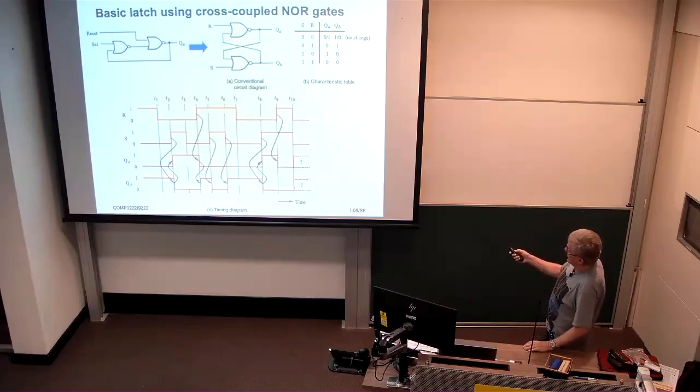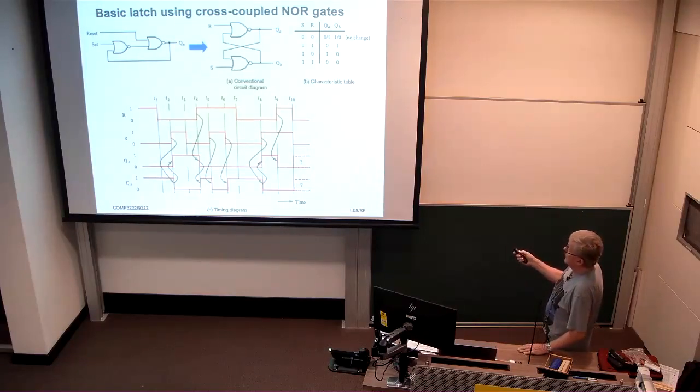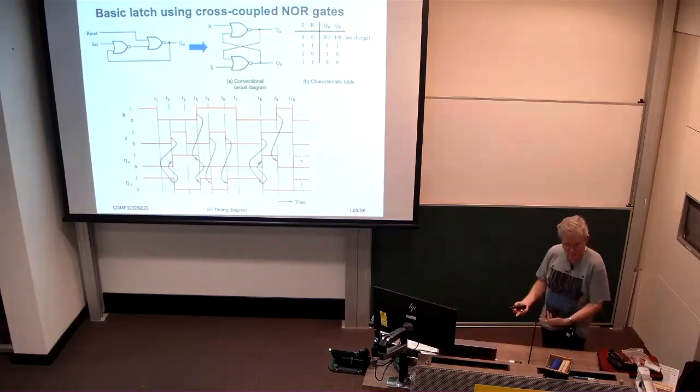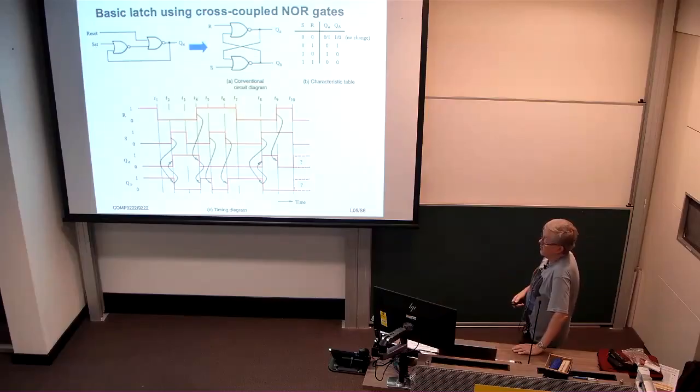Okay, so this is the characteristic table for the SR latch. When S and R are both 0, depending upon what QA is, either 0 or 1, QB is going to be 1 or 0, the complement of that. If R is asserted, then QA is going to go to 0, and therefore QB is going to go to 1.